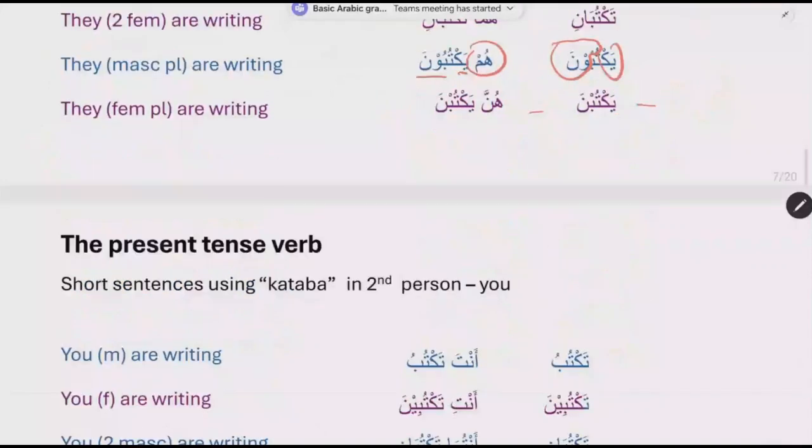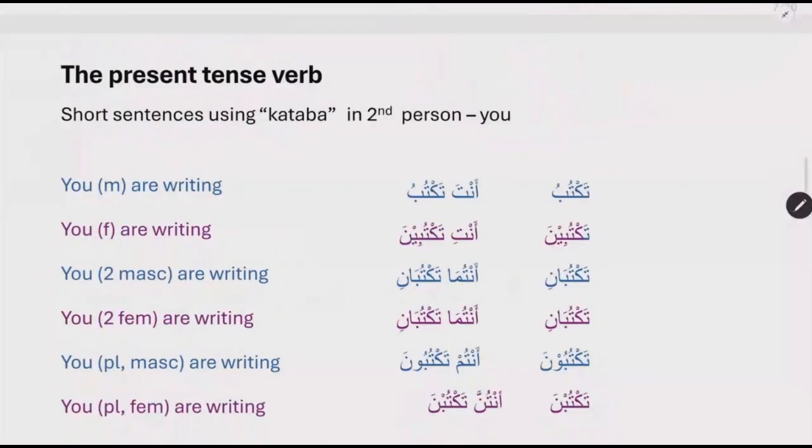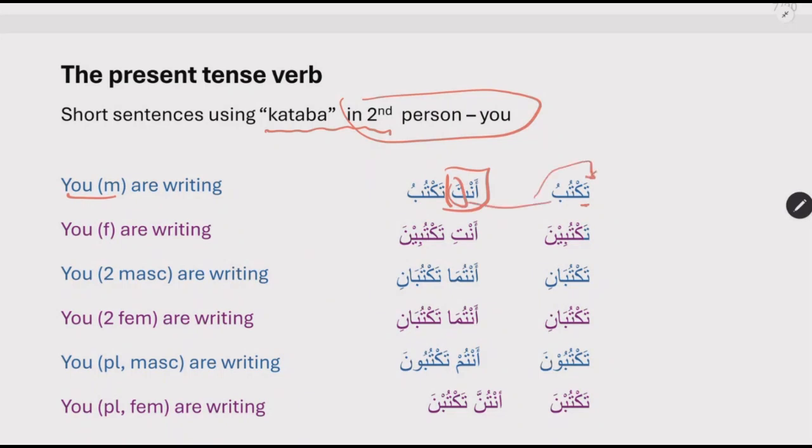Okay, then we go on to the present tense verb using kataba in the second person. Here again, we have the ta in front to show you masculine, singular, right? And the pronoun that's equated to the ta is the anta. So this ta here is the same ta that you see here in the front. From there, you get the you version of the second person in this whole table, right?